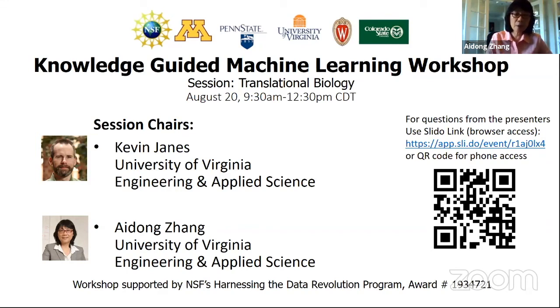All these prior knowledges can be integrated into the machine learning model, so we can have more precise predictions with the knowledge-guided process. Translational biology is on this path to use knowledge-guided machine learning for better prediction and classification, and to support more personalized medicine for patients and for well-being.